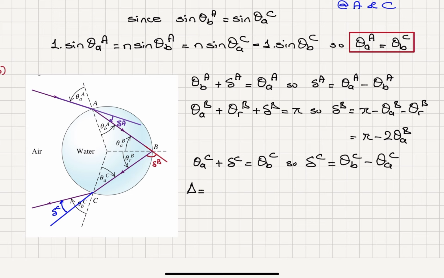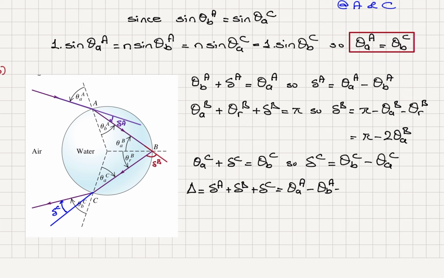Delta is the deviation at point A plus the deviation at point B plus the deviation at point C. For point A, I have theta sub A at A minus theta sub B at A. The second term, the deviation, is pi minus 2 theta AB.